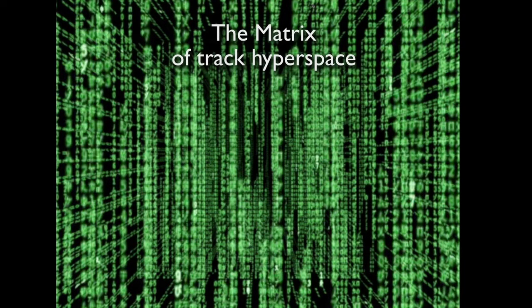This is an old slide. We think of the track hyperspace as a matrix. I've been doing that for a long time in Norway, and basically you can add different axes. The main axis would be the base pairs. This is all the chromosomes or the genome put together into a long line.